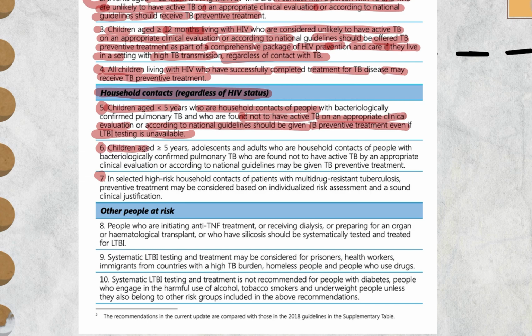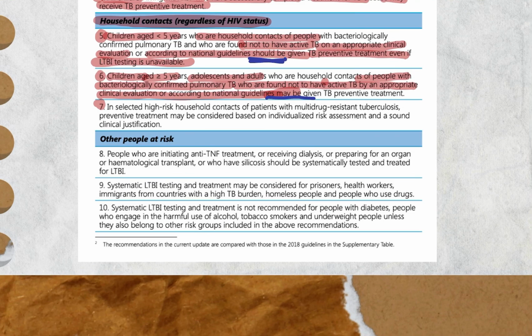Children aged 5 years or more, adolescents and adults who are household contacts of people with bacteriologically confirmed pulmonary TB who are found not to have active TB may be given TB preventive treatment. So the two phrases are 'should be given' and 'may be given'.